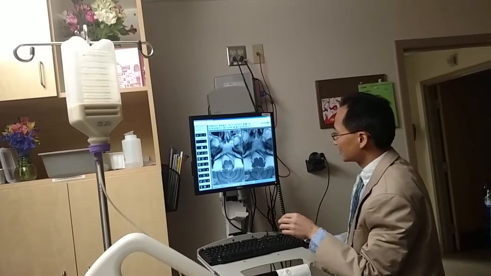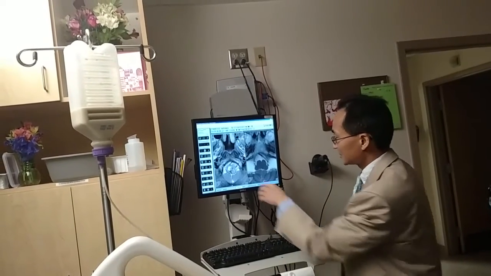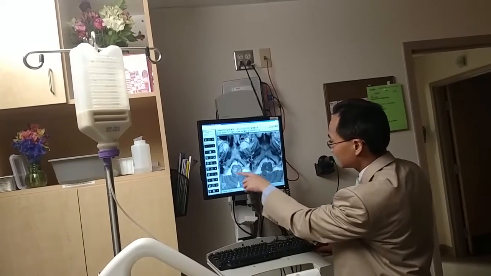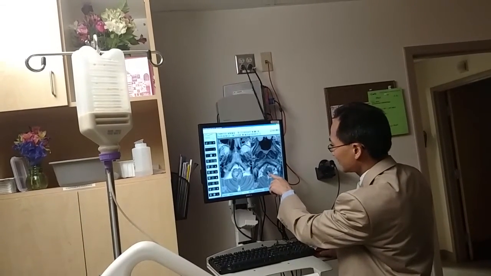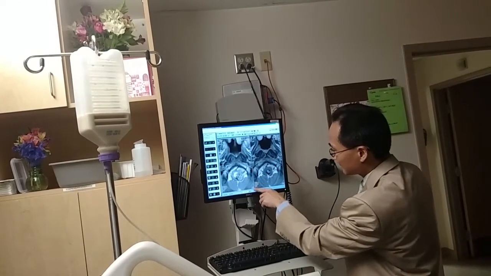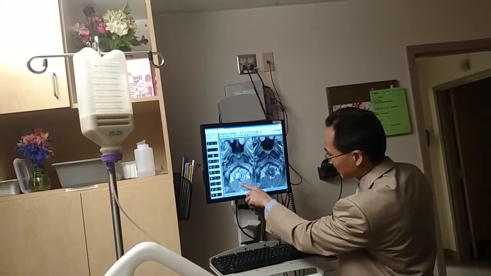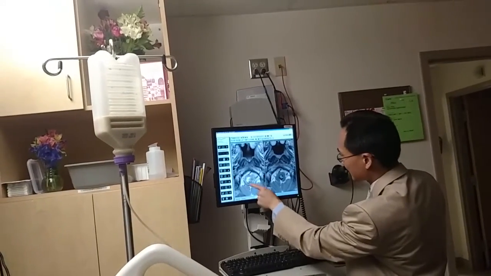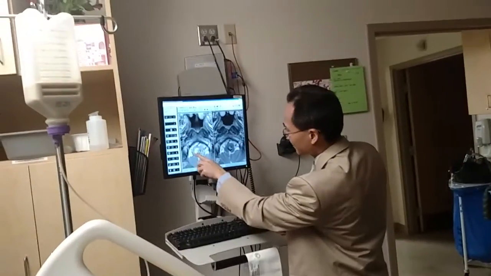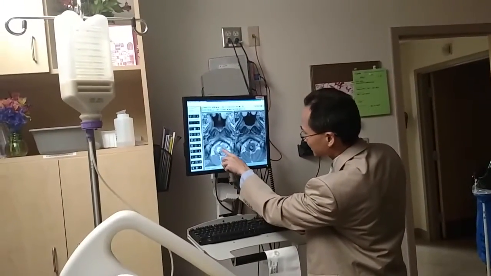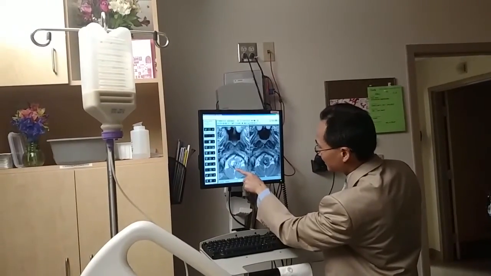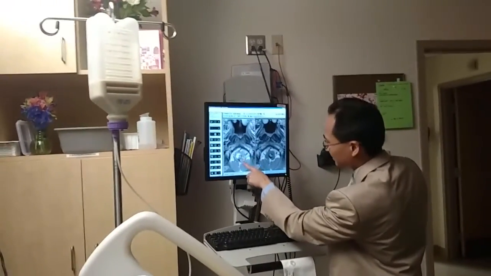But when you come down here, for comparison, you see this portion has come to the surface. What happens is when you hemorrhage, this is the center of it, and these portions are actually blood.